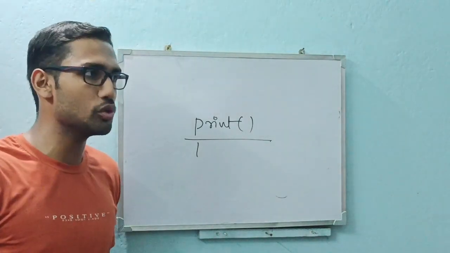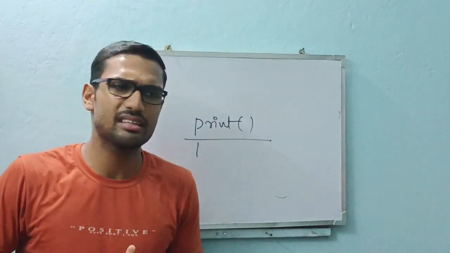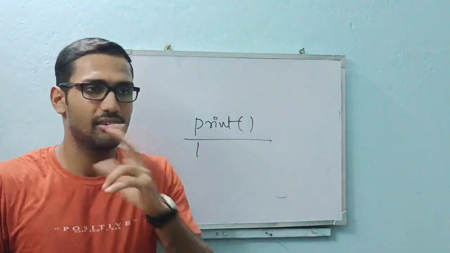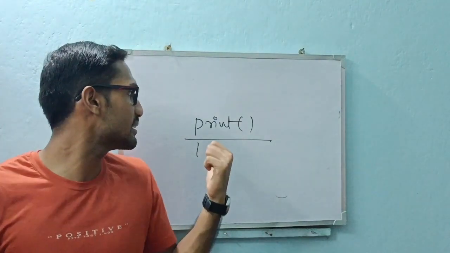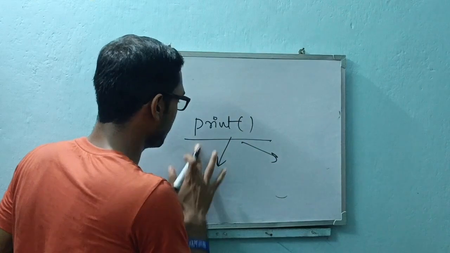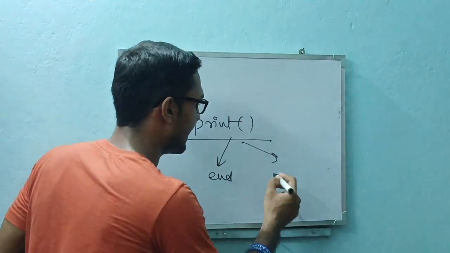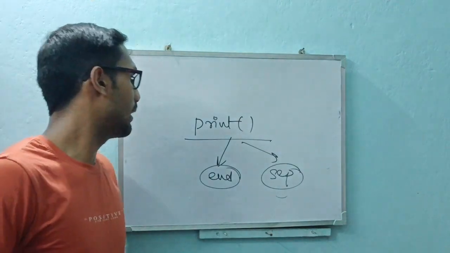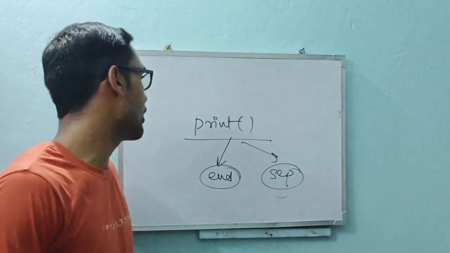Yes, there are other parameters also involved with this print function, but in your syllabus we have only two parameters, end and sep, and we are going to discuss these two parameters in detail in today's video.